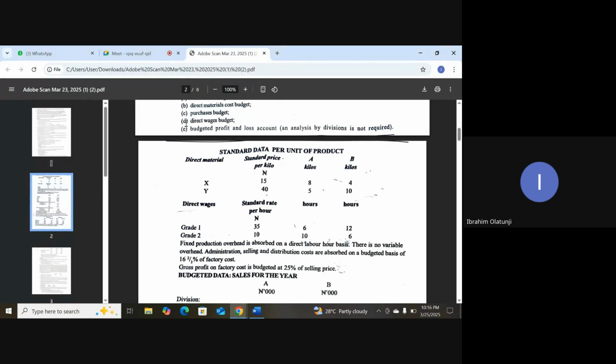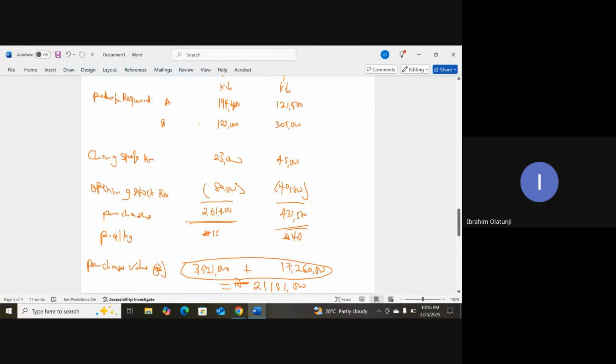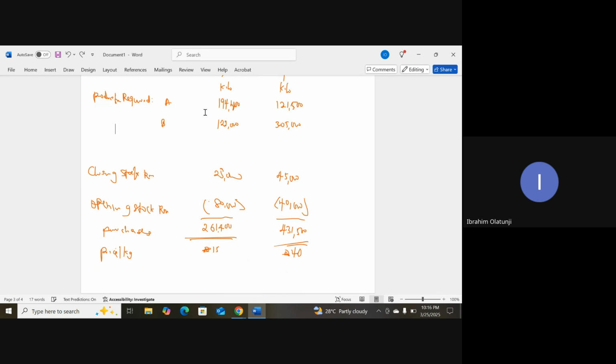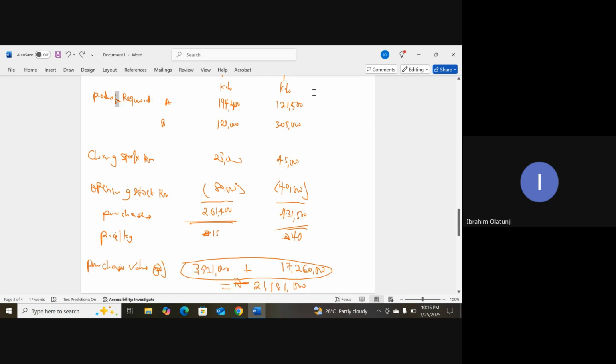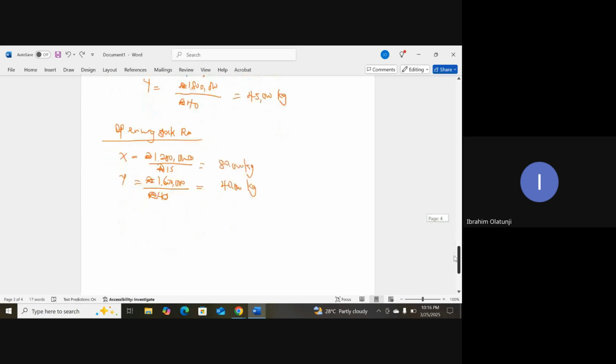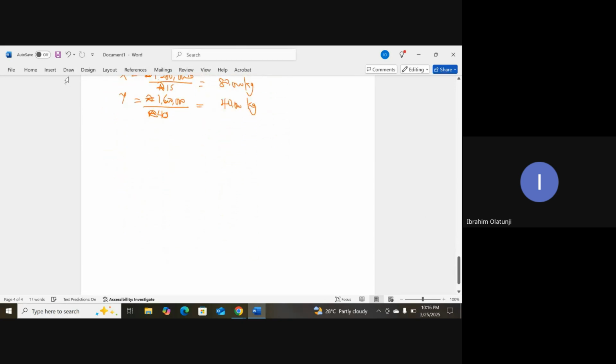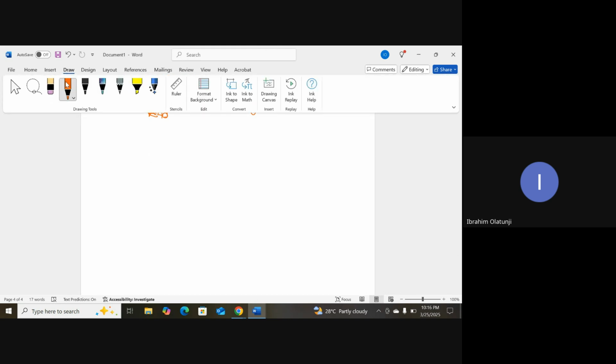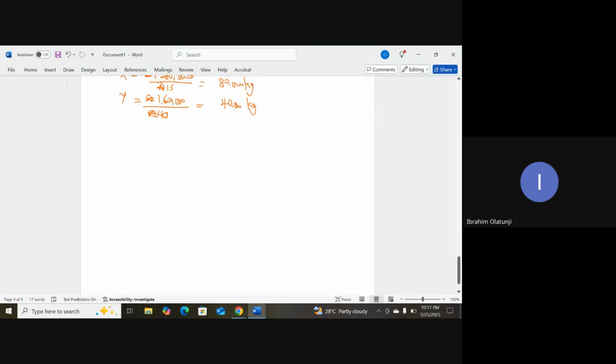So the D part, direct wages budget. Direct wages budget, which part is that? D part.